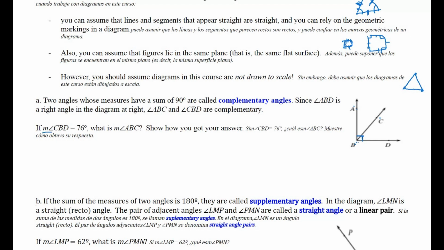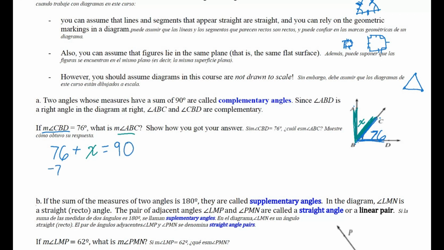Now, if the measure of angle CBD, and I'll make it blue, C to B to D, is 76 degrees, what is the measure of angle ABC? Well, let's make ABC green. And I'll call that measure X. And I know that 76 plus X equals 90.